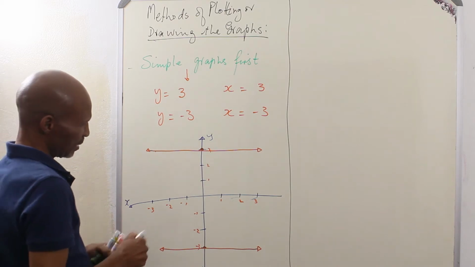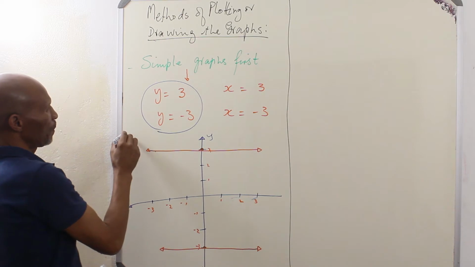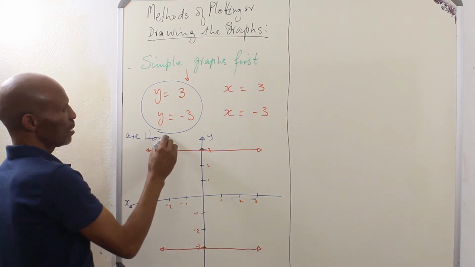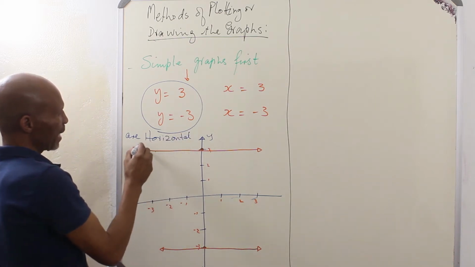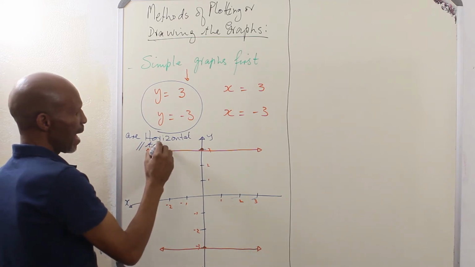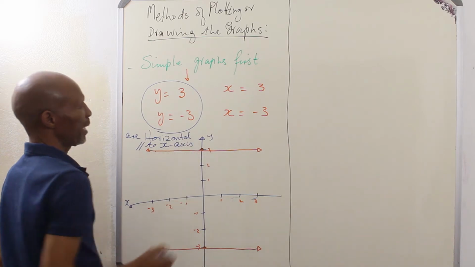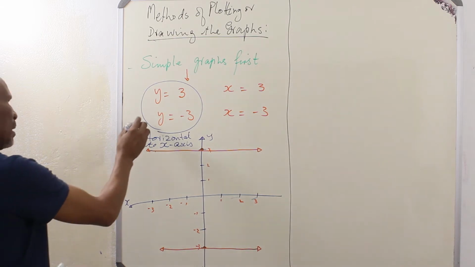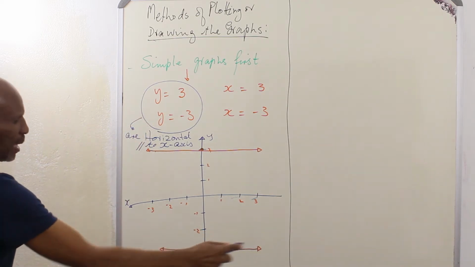These graphs are horizontal, parallel to the x-axis. These are the graphs. Angithi uyabona ukuthi bama kanjani?